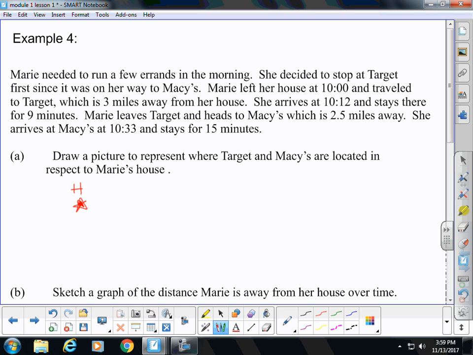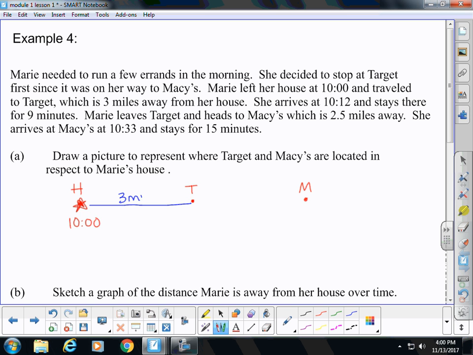And then we've got Target, and then Macy's is where she ends up. She leaves her house at 10 o'clock, and she travels 3 miles to get to Target.